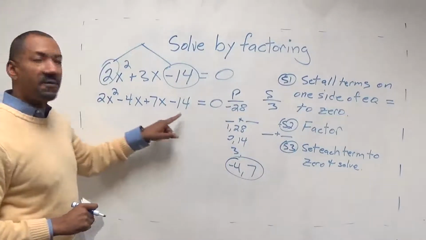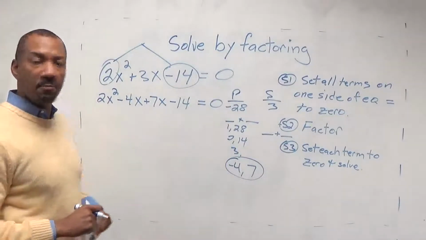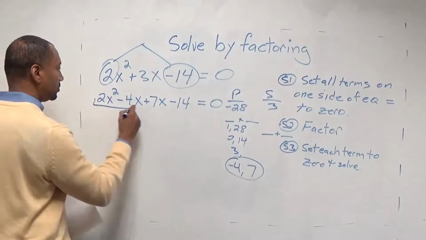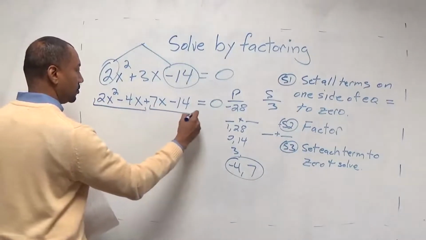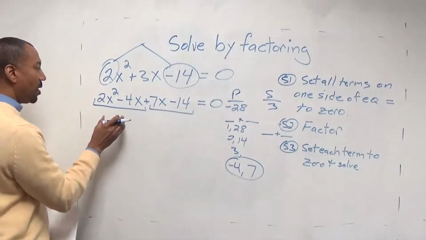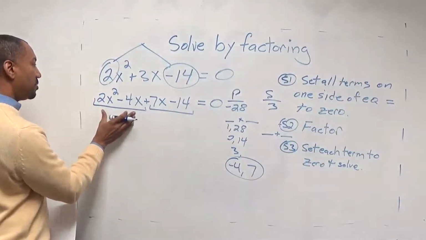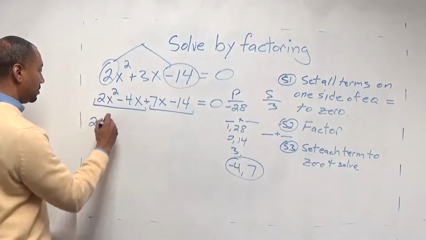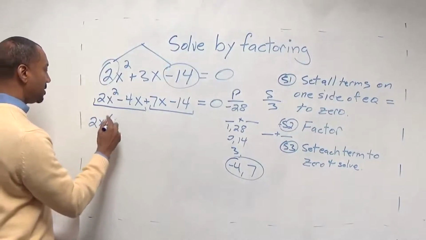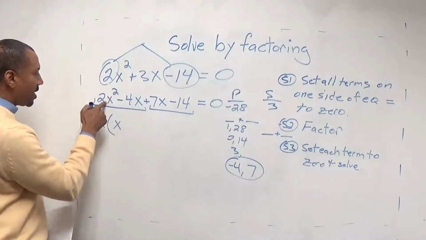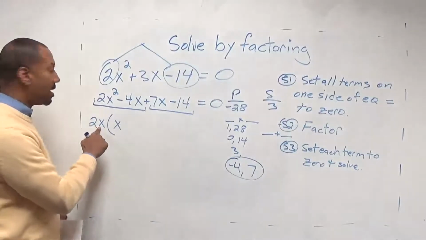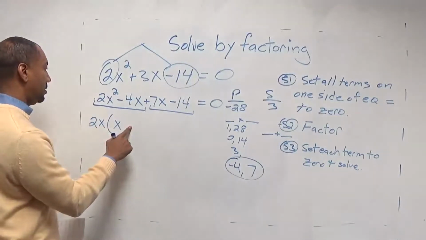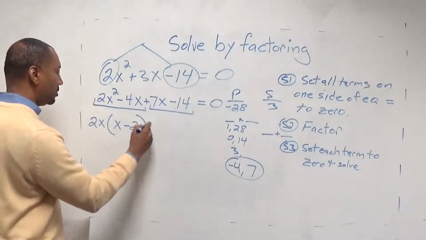Now that I have 4 terms, we can use grouping. So let's take these one group at a time. For this group, I can factor out a 2x. 2x times another x will give me back 2x squared. 2x times what? Negative 2.